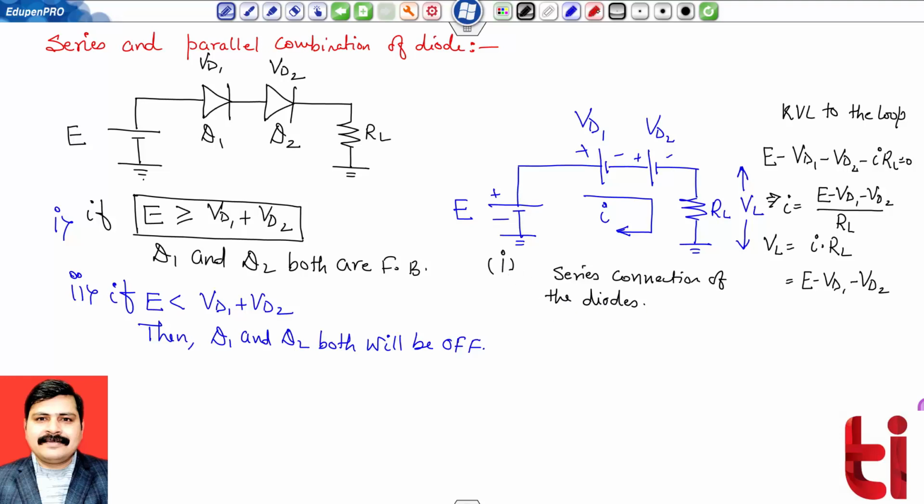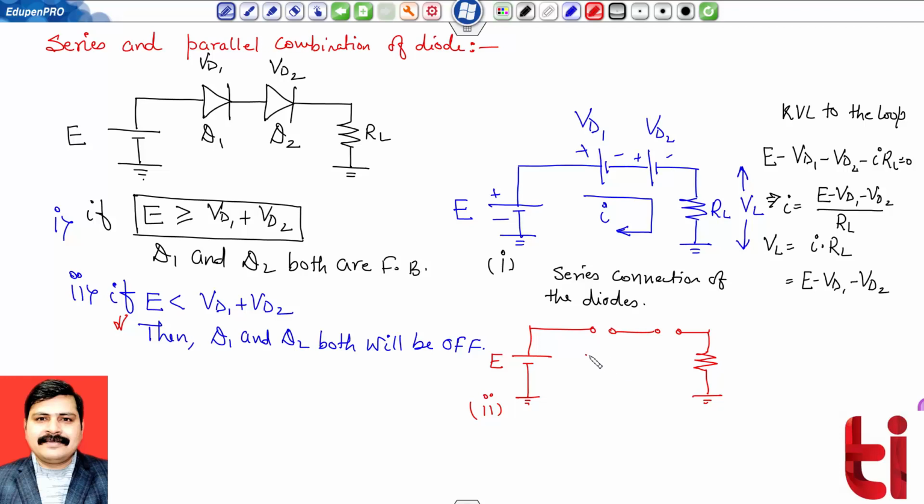However, for case number two, let me draw the circuit. Both will be open, as I am having this condition: my E is less than VD1 plus VD2. So this is my E. This is the second case. In fact, this is also a series combination.